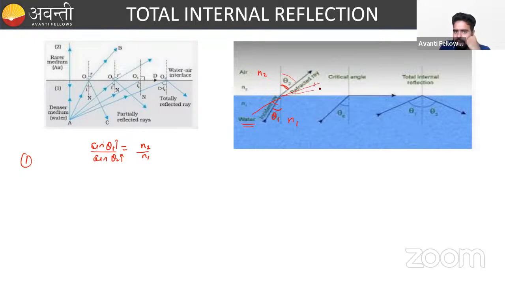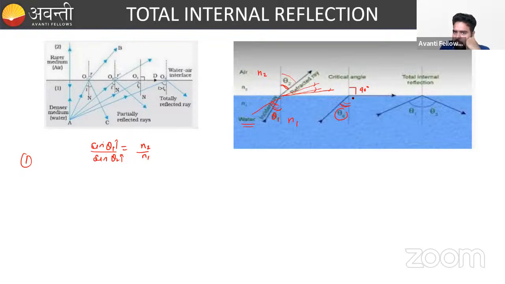Then what will we observe? If we increase the angle of incidence, the angle of refraction also increases. And at some specific angle of incidence, we observe that the angle of refraction becomes 90 degrees. If we further increase the angle of incidence, what will happen?